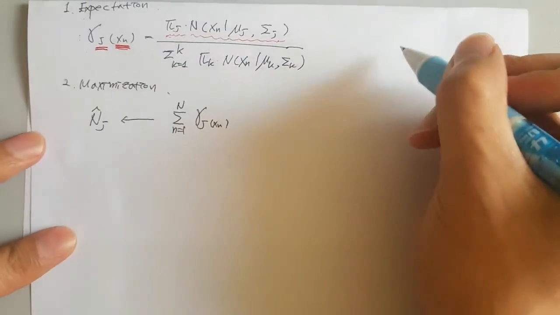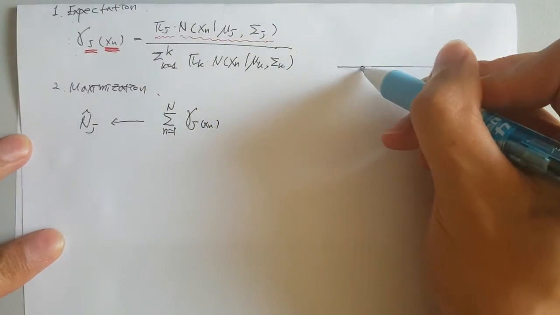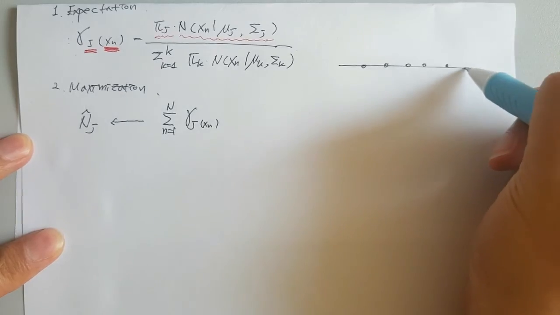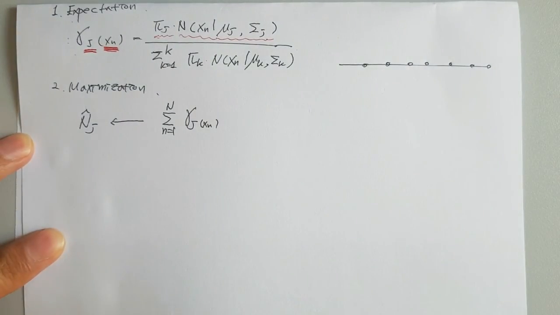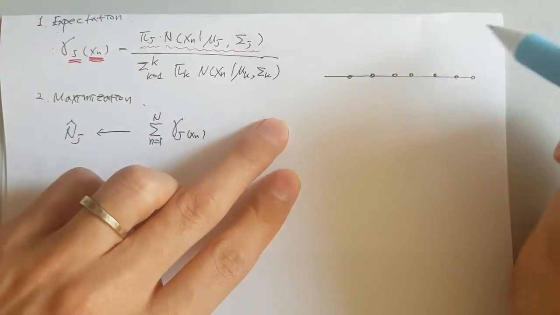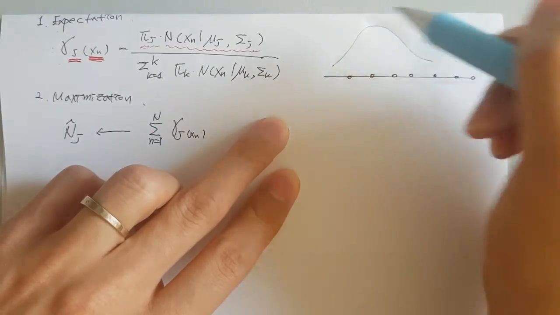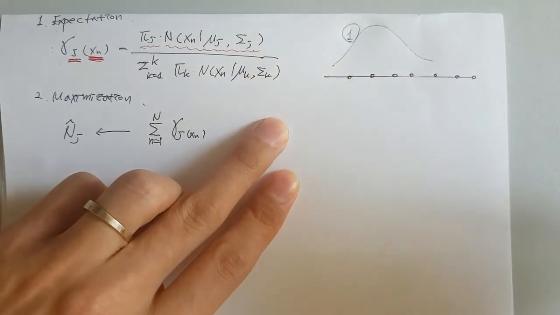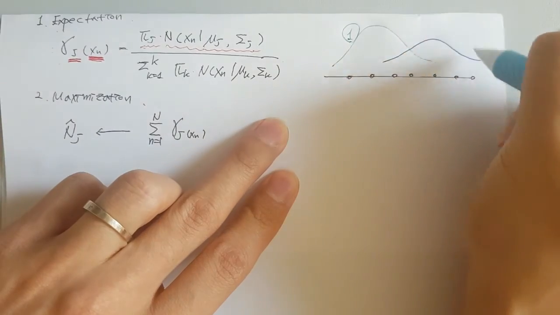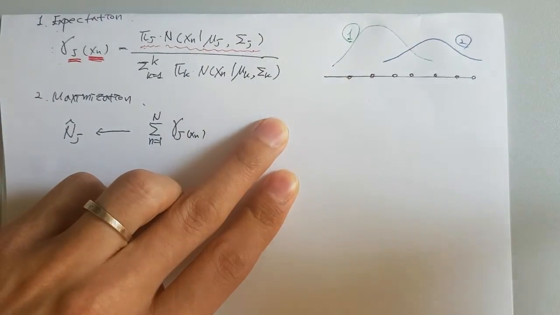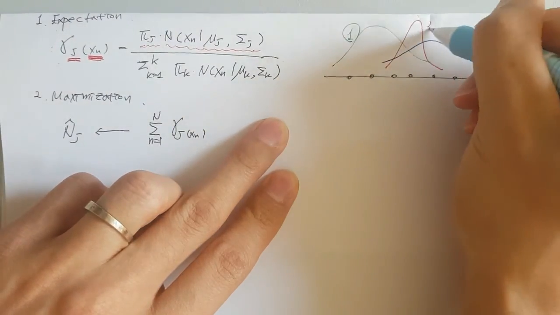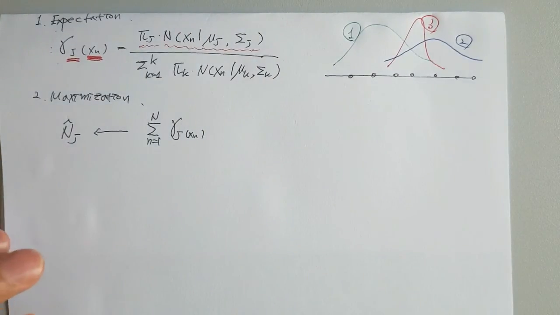So, let's say there are many data points, and there are distributions, like let's say this is 1, and this is 2, and this is 3.